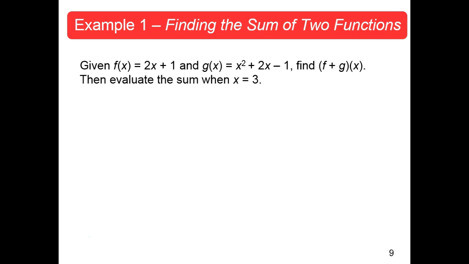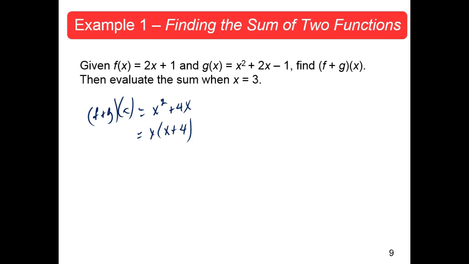You certainly could do that. That's a very good question. We had f plus g of x was x squared plus 4x, right? If you wanted to, you could factor an x out, which leaves you x plus 4. That's perfectly fine. Not required, but certainly doable.